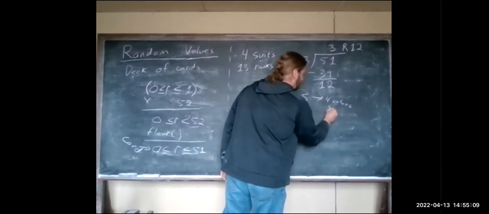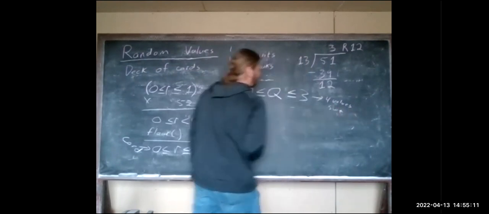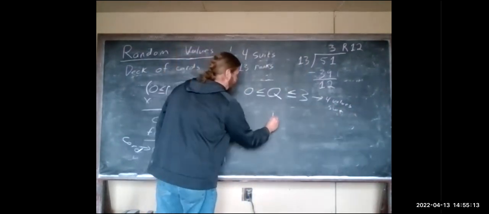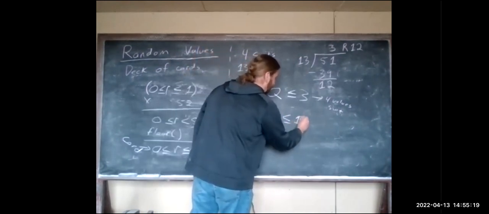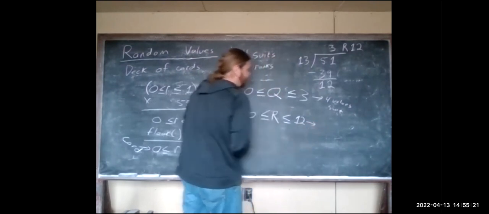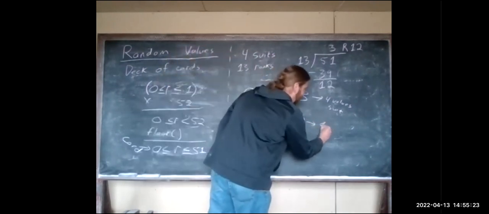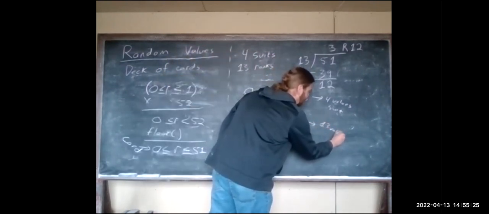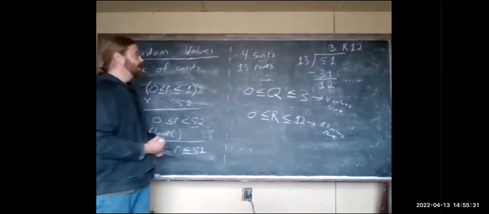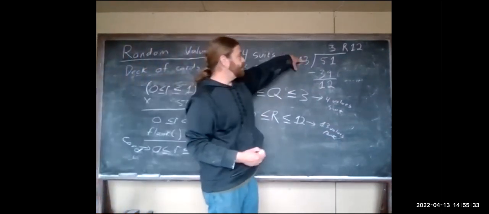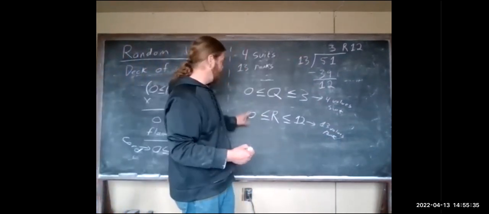Four values to represent our suit. And our remainder is going to be somewhere between 0 and 12, which we started at 0, so that's 13 values to represent our rank.